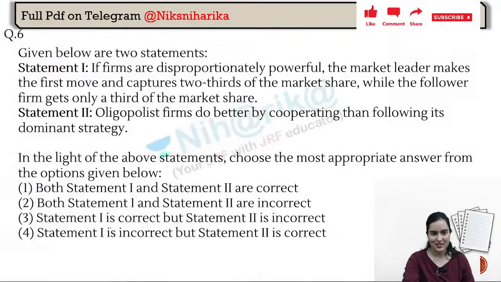See, nice. Now, if the firms are disproportionately powerful, the market leader makes the first move and captures 2/3 of the market share, while the follower firms get only 1/3 of the market share.